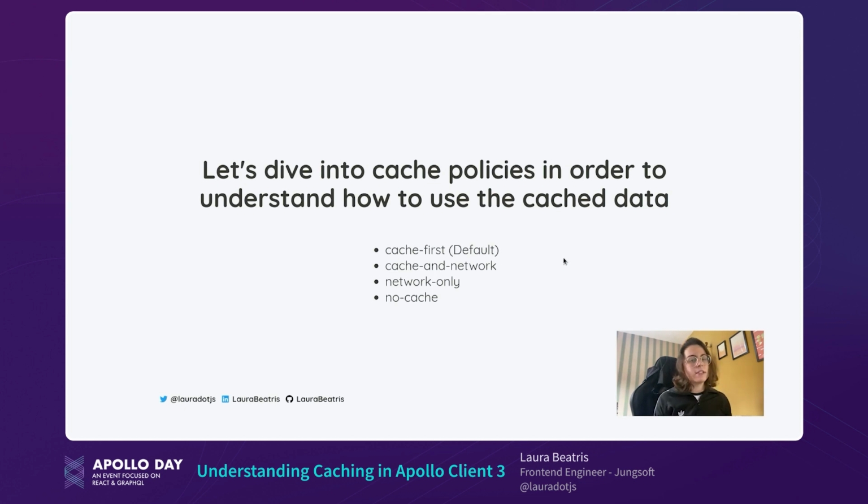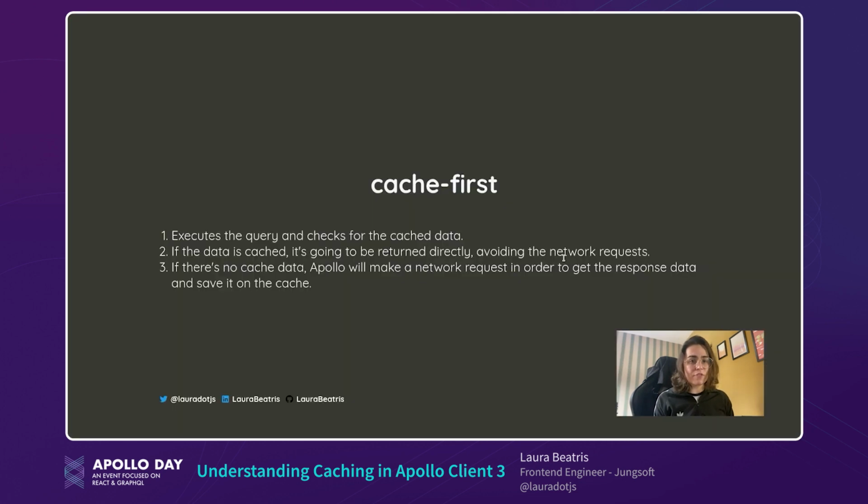Basically, the default cache policy from Apollo is cache-first, and the cache-first fetch policy executes the query and checks for the cache data. If the data is cached, it's going to be returned directly, avoiding the network request. If there is no cache data, Apollo will make a network request in order to get the response data and save it in the cache.